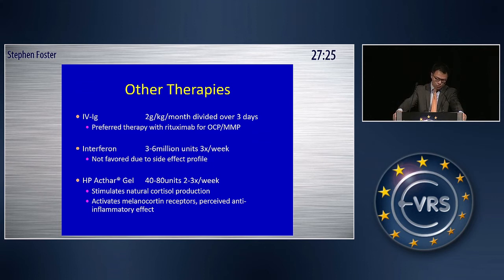And the H.P. Acthar gel is an old drug that's been sort of brought onto the market more recently by the Irish company Mallinckrodt, and we are testing that in some of our trials in retinal vasculitis patients. And it is a drug that stimulates your natural cortisol production, and because it activates different kinds of receptors, it also exerts the anti-inflammatory effects, but without causing the corticosteroid-related side effects.